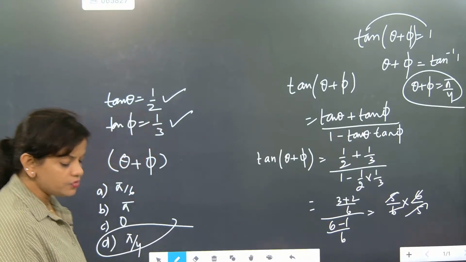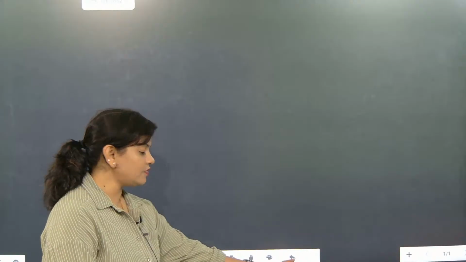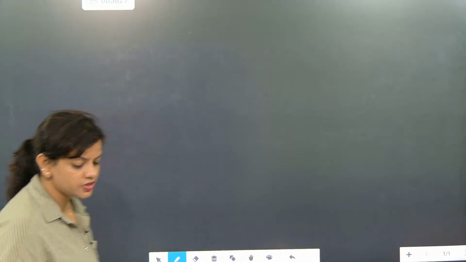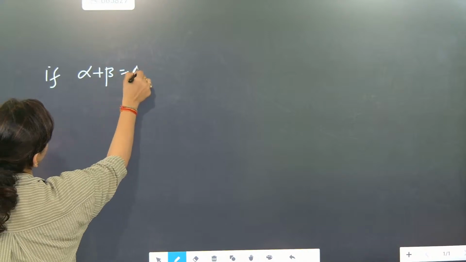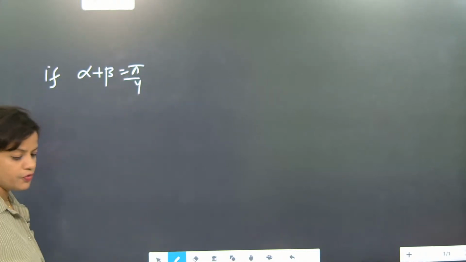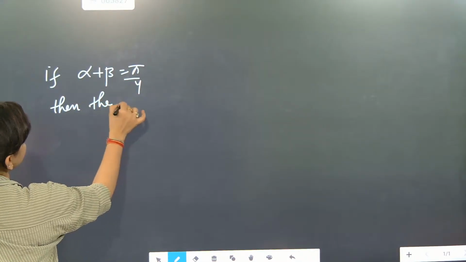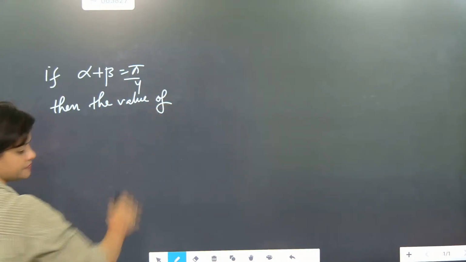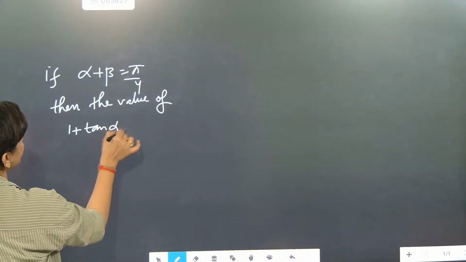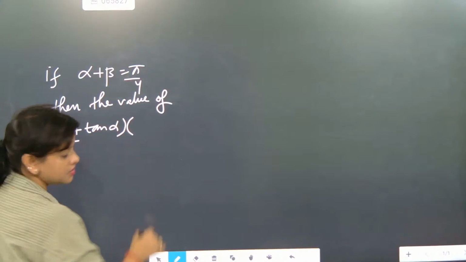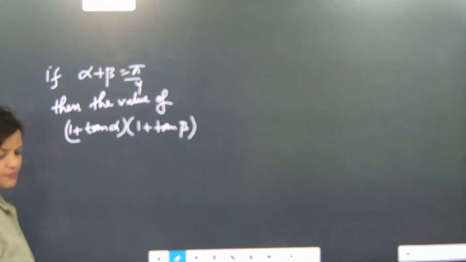Now let's see how to solve another question. So some trick part questions are there. You need to solve. If it is done means we will go for the next question. Now beta, next question given to you is: alpha plus beta is equal to pi by 4. Now you have to find the value of 1 plus tan alpha into 1 plus tan beta.